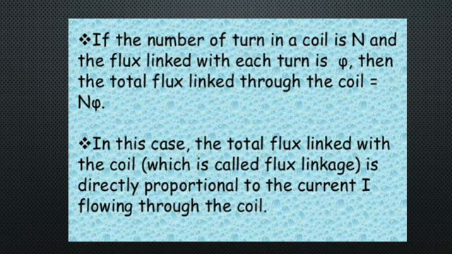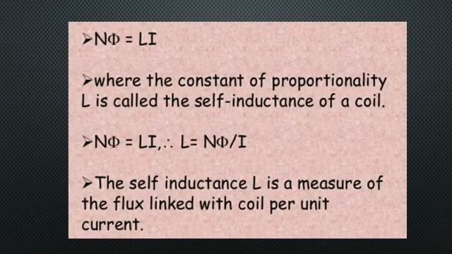Therefore the total flux n phi is equal to L into I. Why is a new symbol introduced here? L is a proportionality constant and I is the current. That means n phi is directly proportional to I. If you remove the proportionality sign, we have to use a constant.